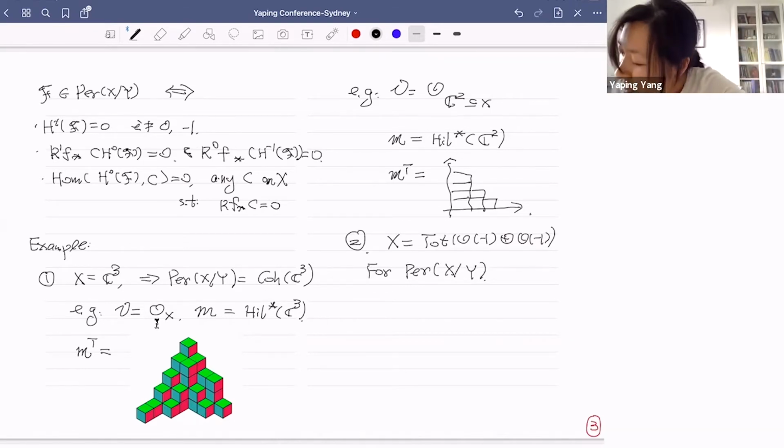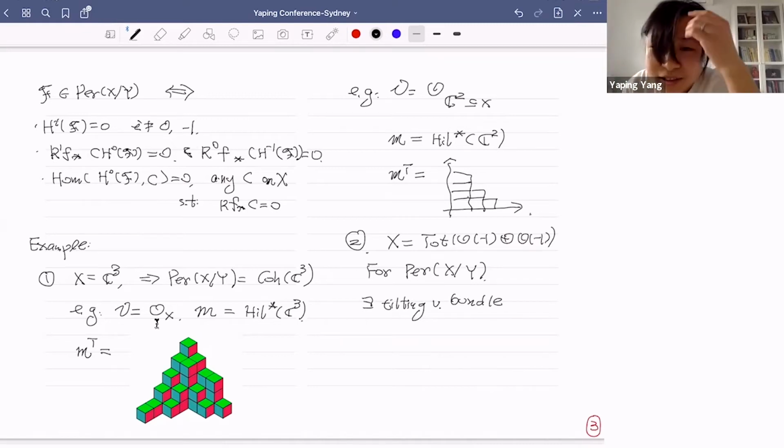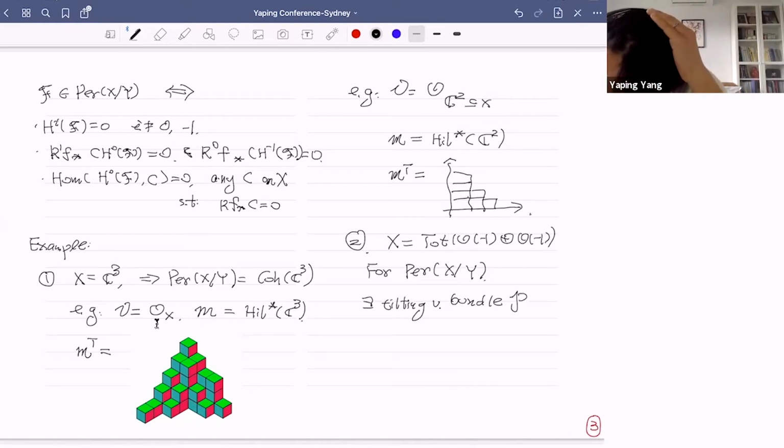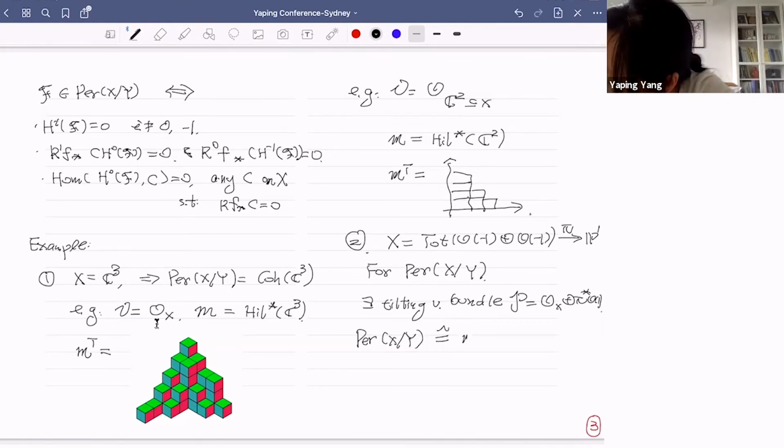For this example, there exists a tilting vector bundle, which I denote by P. So it's O_X plus the pushforward: if I denote the map to P1 by pi, the pullback of O(1). So that's a tilting vector bundle. And so the category of perverse coherent sheaves as an abelian category is isomorphic to the modules over the endomorphism algebra of P.